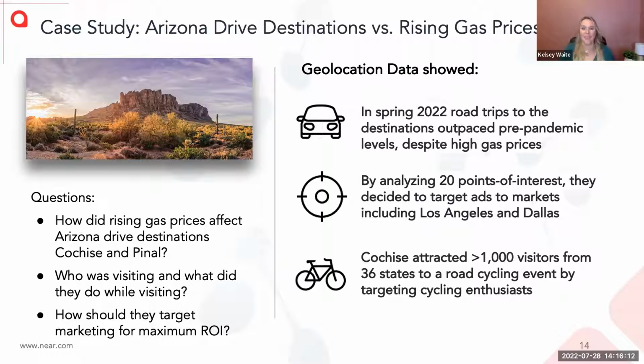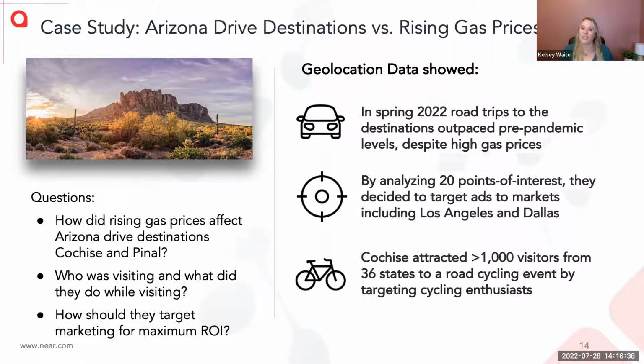So using geolocation data, they were able to see that in the spring of 2022, road trips to those counties outpaced pre-pandemic levels, even despite the high gas prices. When they looked at 20 points of interest, they decided to target ads to markets including Los Angeles and Dallas, ones that they hadn't thought of before.